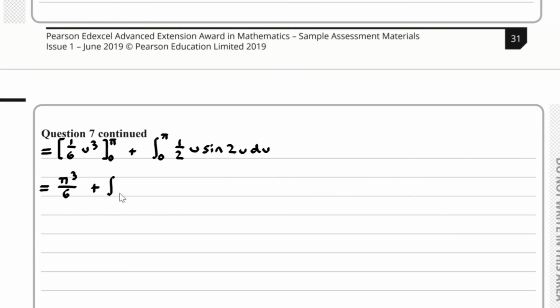So here, I've got the integral from 0 to pi of 1/2 u. Now, sine 2u, that's the same as 2 sine u cos u du.